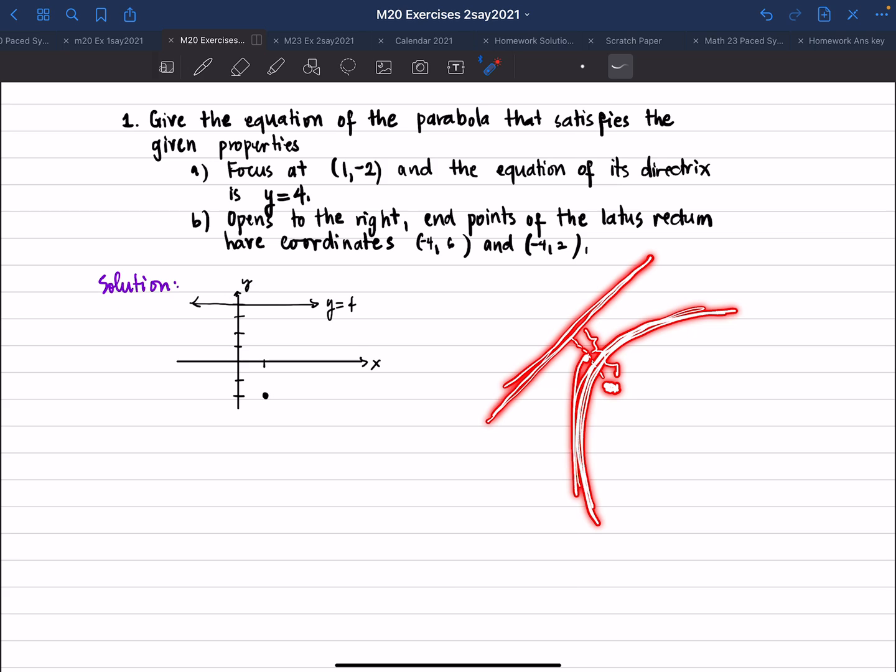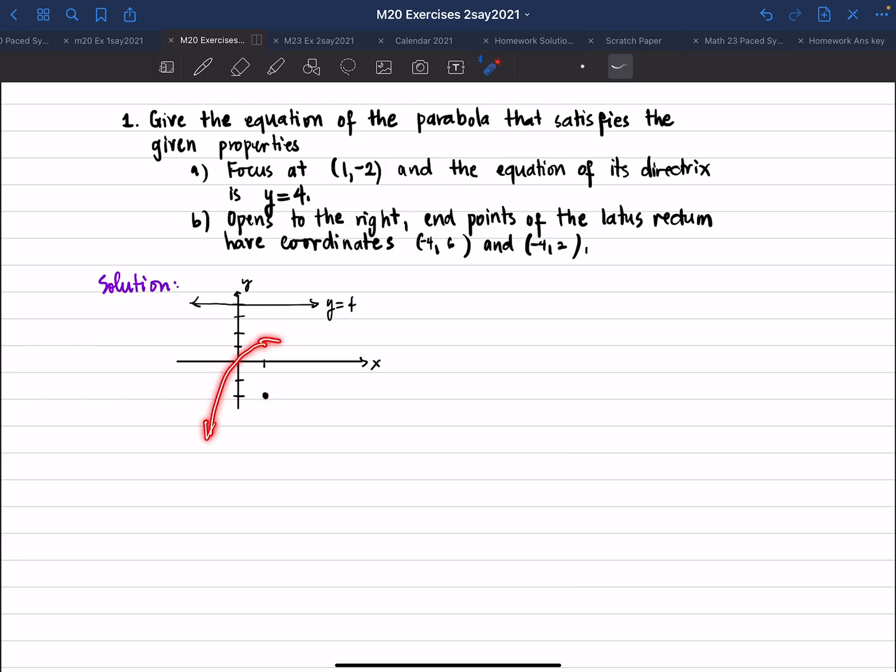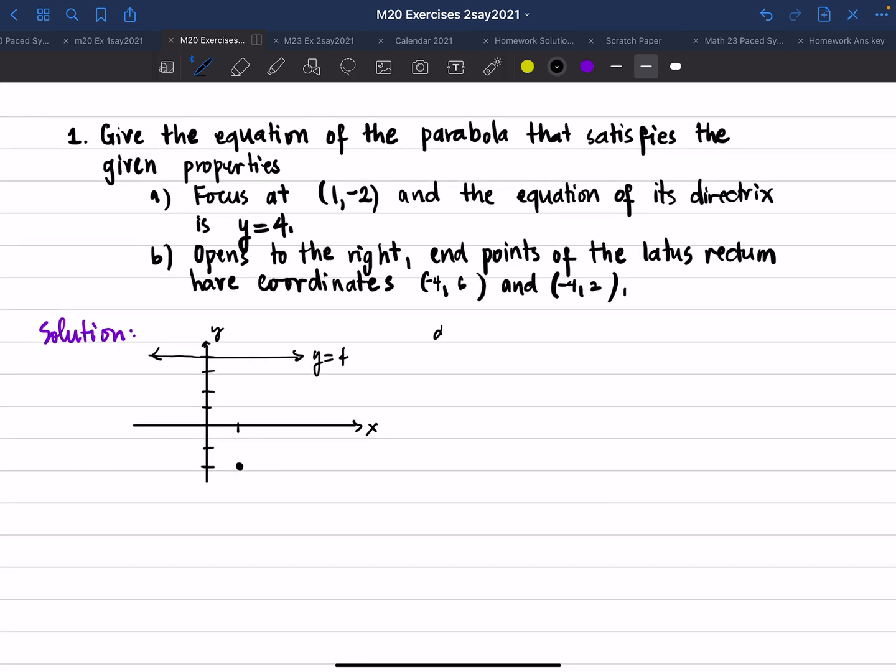In this case, you have this directrix, you have this focus, so your parabola will be opening downward. And when you have a parabola that opens downward, ano nga ba ang equation nun? That is (x - h)^2 = -4p(y - k).